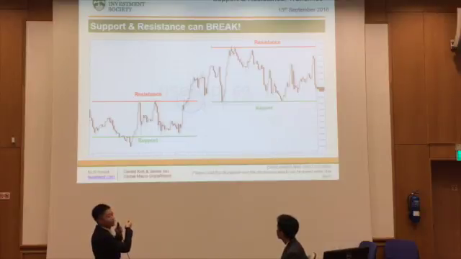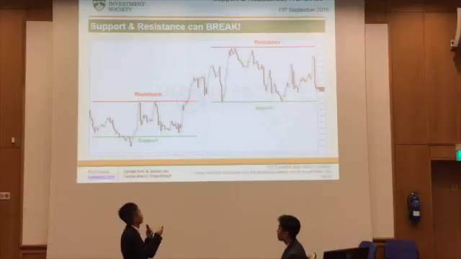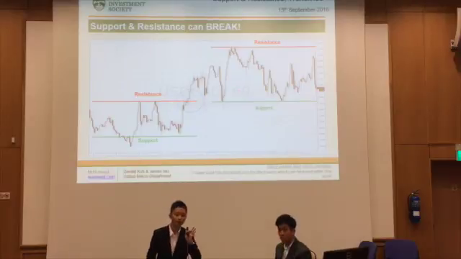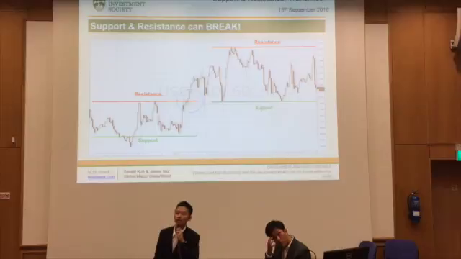You draw a line, because I said earlier that to draw a line you need at least 2. You expect it to rebound and go down again, but it actually broke through the resistance line and went up even more. You have made a losing trade if you shorted it right here. It then formed a new resistance and support line. So one very important thing is that resistance and support can actually break.